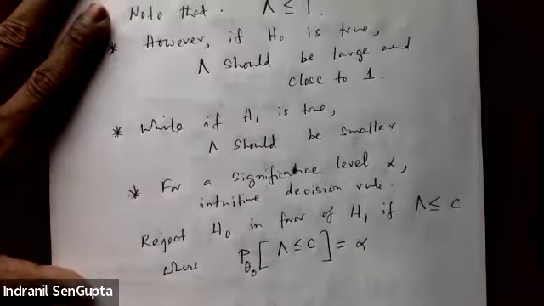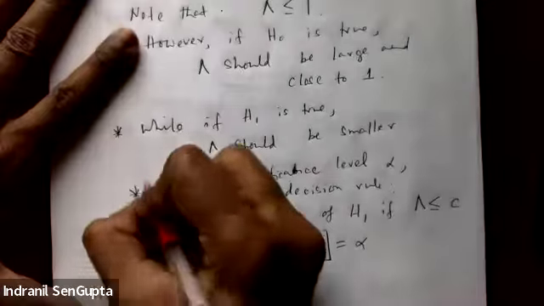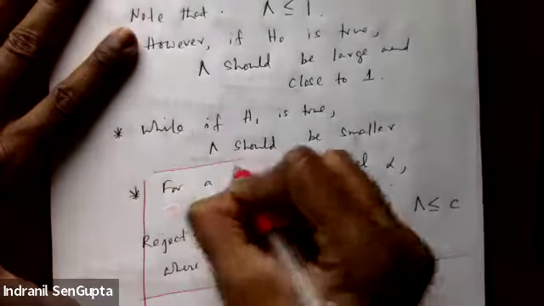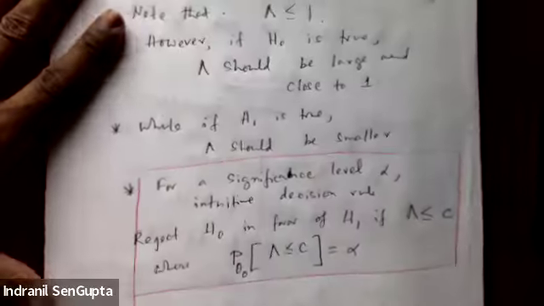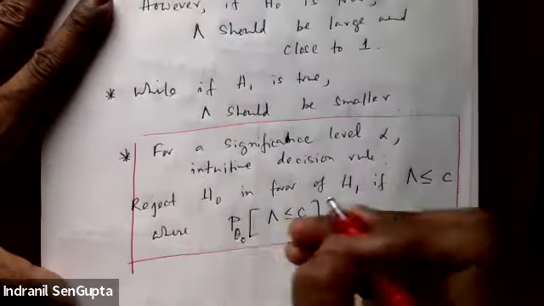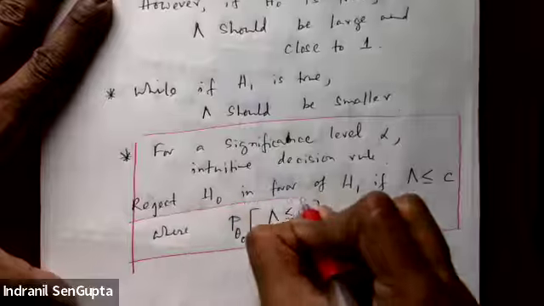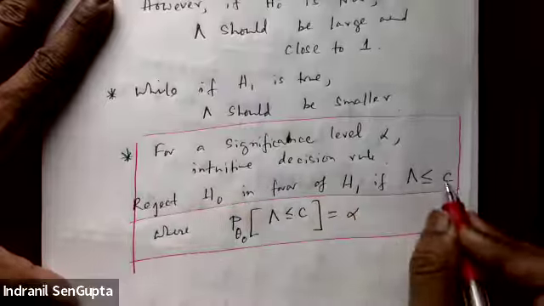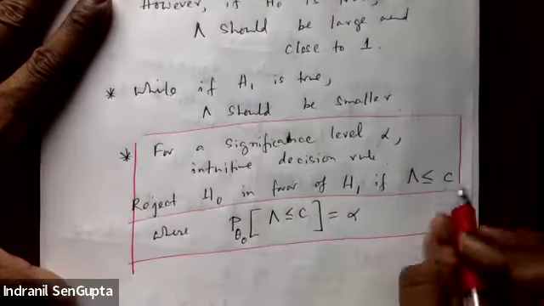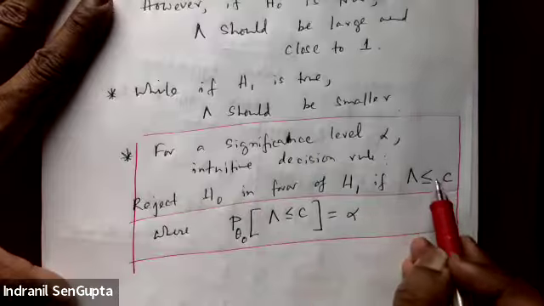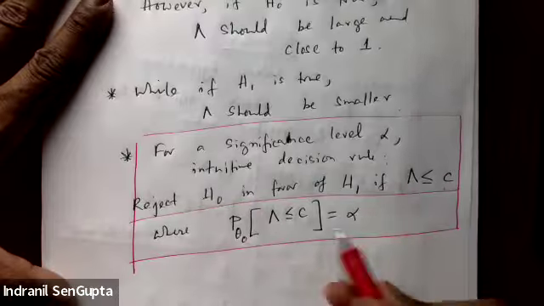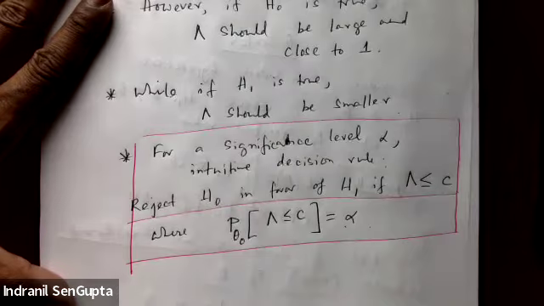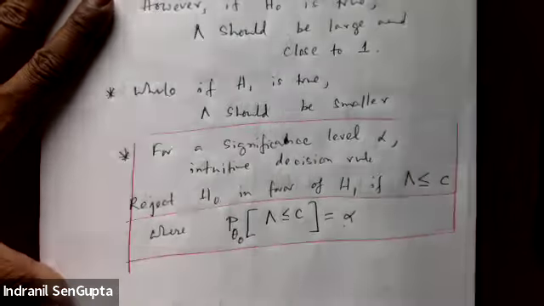Okay. So this is our intuitive decision rule. We are rejecting H0 in favor of H1, provided this lambda is less than C. And what is that C? The probability of lambda less than C under the null hypothesis is alpha. Okay.